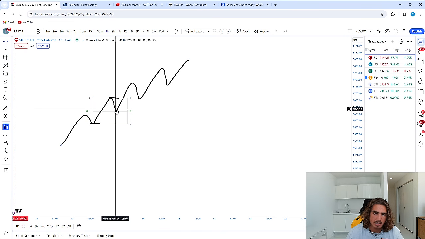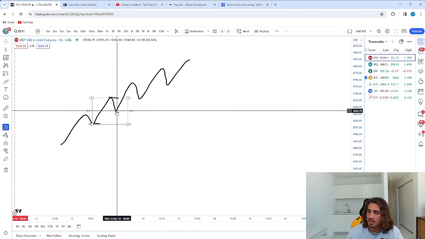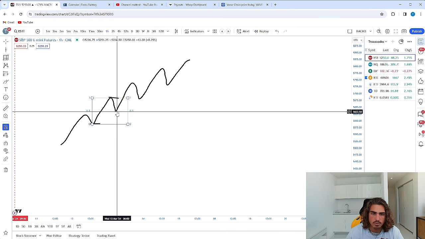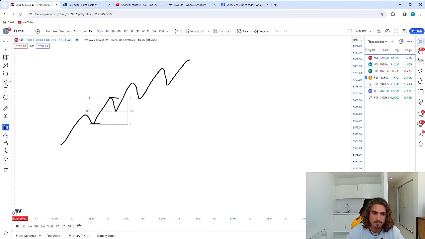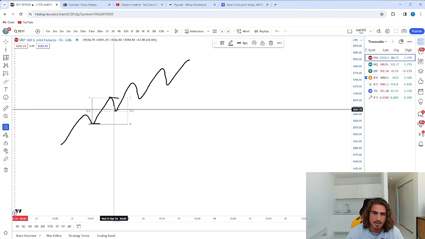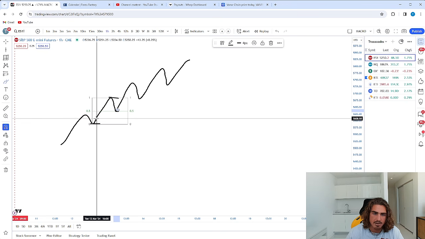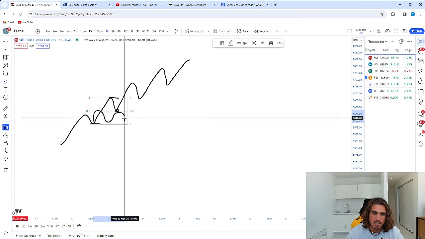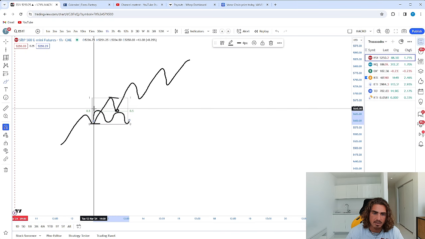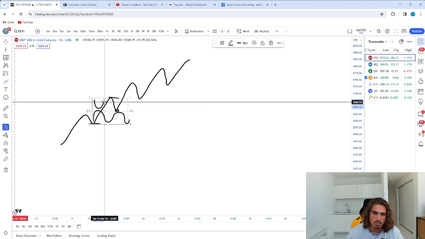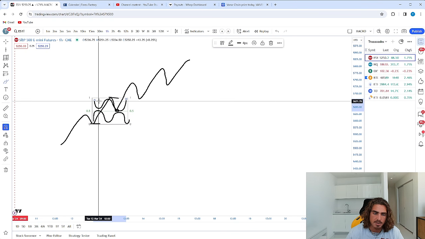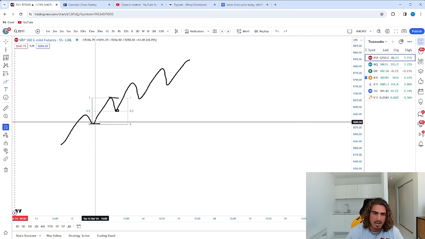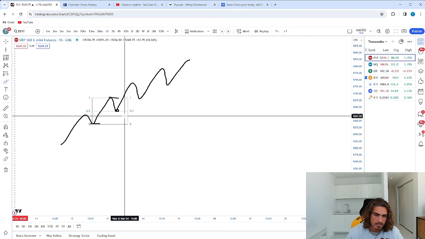And as we can see, my perfectly drawn uptrend dipped perfectly into our discounted price, which is underneath here, because anything up here would be premium, and anything down here is a discount.